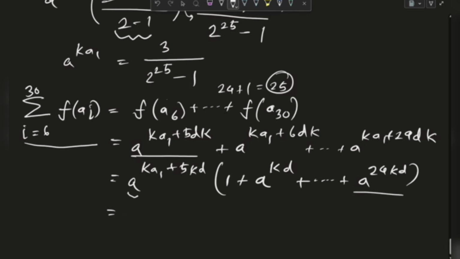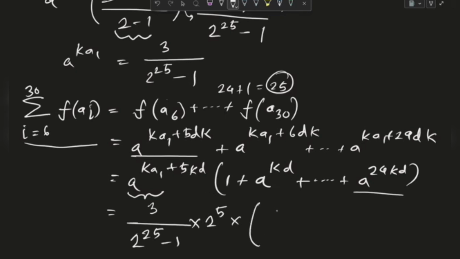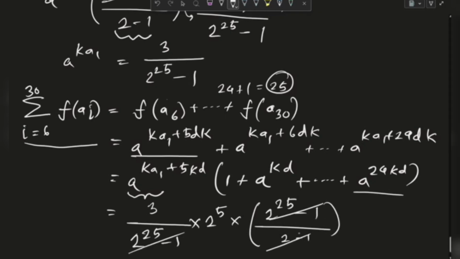This particular part, a power ka1, we have found to be 3 divided by 2 power 25 minus 1 into, now a power kd was 2, as you might remember, so this is 2 power 5. Inside the bracket we again have a GP series of 25 terms because this is a power 0, so 2 power 25 minus 1 by 2 minus 1. This and this get cancelled, this is 1. So basically your final answer is 3 into 2 power 5, which is 32, which is 96. So this is the answer to this question.